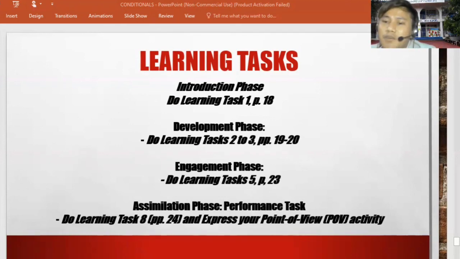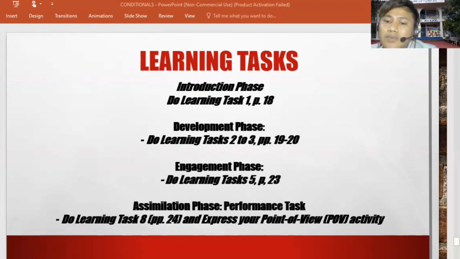And as for your performance task, you are going to express your point of view. It's a POV activity. So you are going to express your point of view on the topic, bringing back the face-to-face classes for this school year. In your weekly home learning plan, you will see the following examples therein.